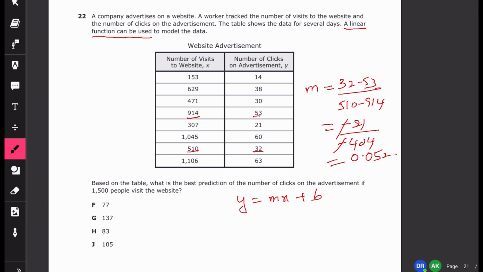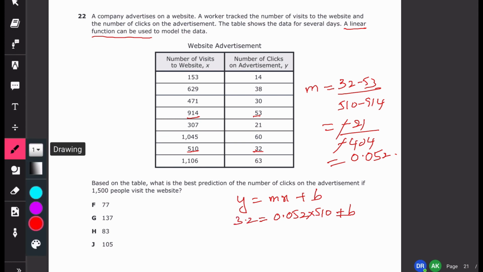Now how to find out b? We'll take one of the values, put in 510 and 32, and we'll see what the b value is, and then we can check from there. y is equal to 0.052 into x, where x is 510, plus b, and here y is equal to 32.